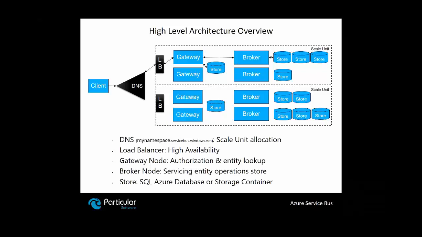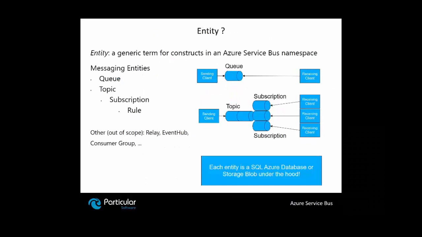That's the node that's actually performing all the operations. So if you send a message or receive a message, it's actually the broker that's performing the operations on the entity store. This entity store, it depends a little bit on the type of namespace that you're using, but it's either a SQL Azure database or it's a storage container. This is important to know because it's quite a heavy setup for individual queues and topics.